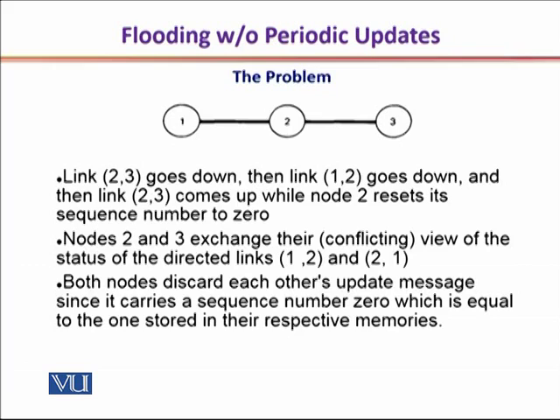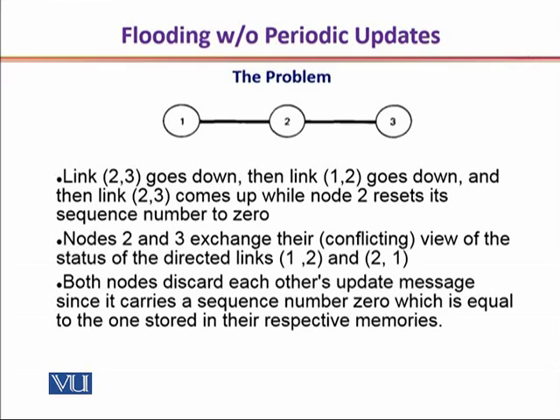This causes a problem. Let's explore the problem first. Here we see that nodes 1, 2, and 3 are connected in tandem. What if the link 2 to 3 goes down, and after that link 1 to 2 goes down as well, and after a short while link 2 to 3 is restored? So when the link 2 to 3 is restored, node 2 resets its sequence number to 0 because it has just recovered from the crash.